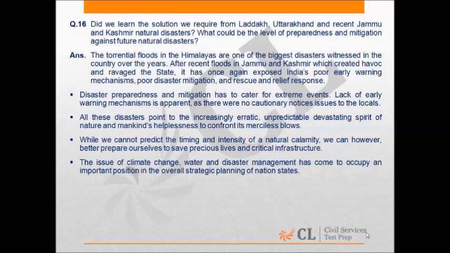Apart from it, the preparedness must be at different levels: one level on the basis of the early warning system, then preparation, then mitigation, then the supply chain, etc. Simultaneously, we have to rely on relief and rescue preparedness also.